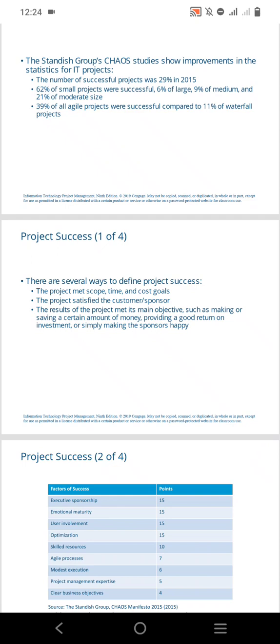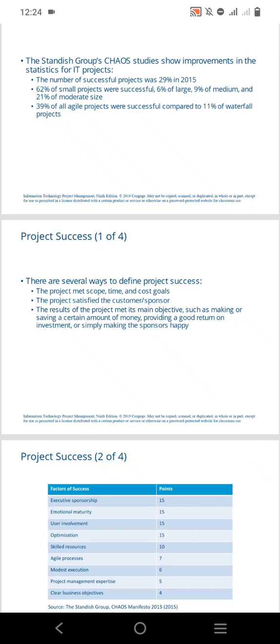There are several ways that we can define a project that has been successful. A project that has met the scope, the time, and cost goals has been a success. A project that satisfies the customer's needs, that's the end user's needs, or the sponsor's needs, that is the person that funded the project, is a successful one.